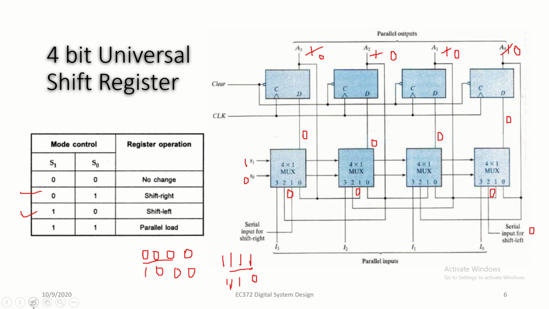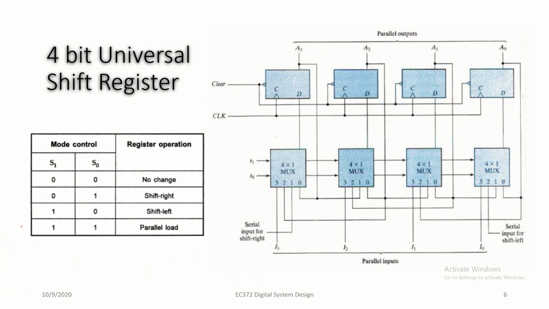So next, let's see the parallel load operation. Okay. Now in the parallel load operation, what happens? A parallel load means the selection line is 1 1. Okay, so the input 3 would be selected, but the 3 is connected to the parallel input. The 3 is connected to this I2, this 3 is connected to I1, and this 3 is connected to I0. So here, say for example, we provide 1 0 1 0.